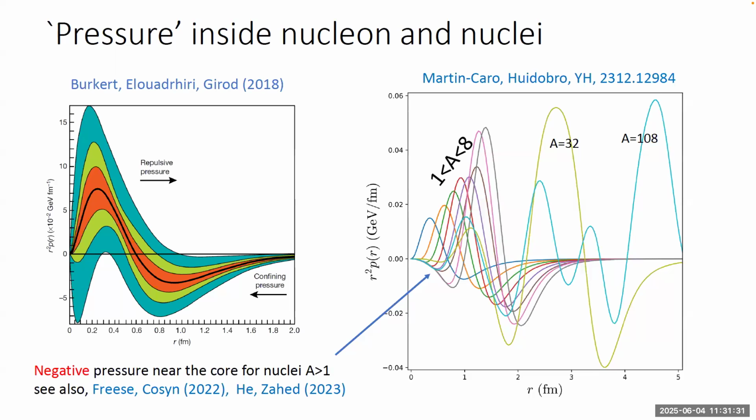I'm using the Skyrme model to construct this large nucleus, and it has some peculiar structure. But you see this large oscillation just because I'm multiplying by r squared. If you go to the large r region, this is enormously amplified, so it's a bit exaggerated because of this r squared factor.